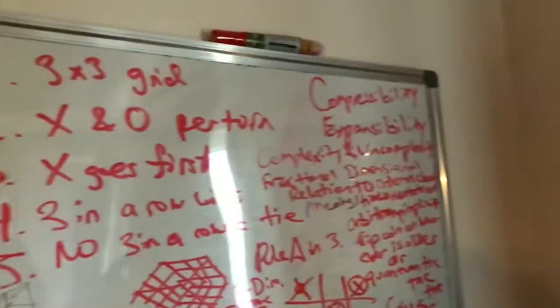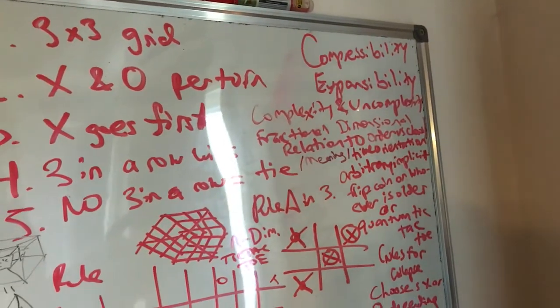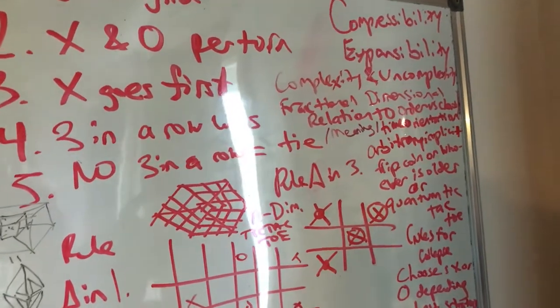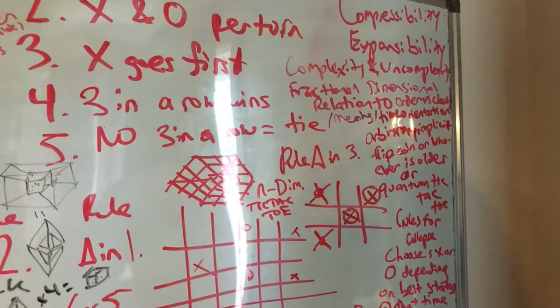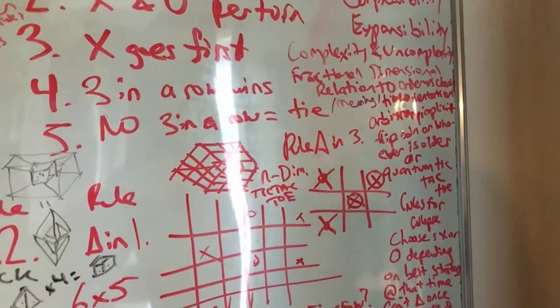And so these games are compressible, they're expansible, they have this concept of complexity and uncomplexity, which has to do with the reduction of the rules on the state that allowed you to get to that state.